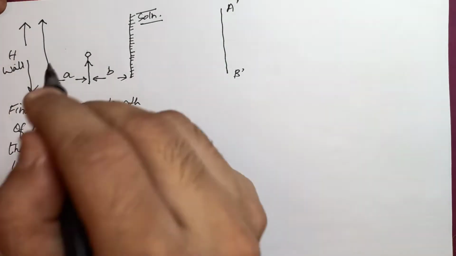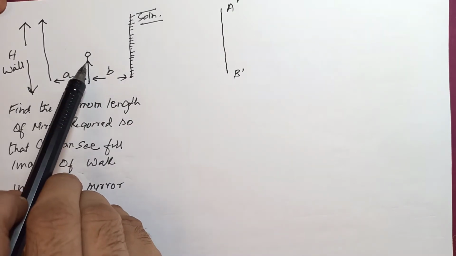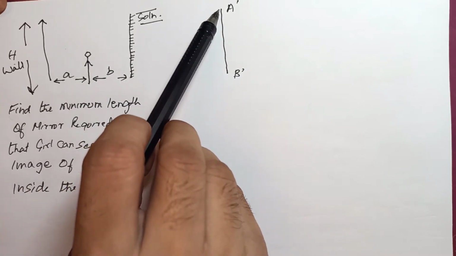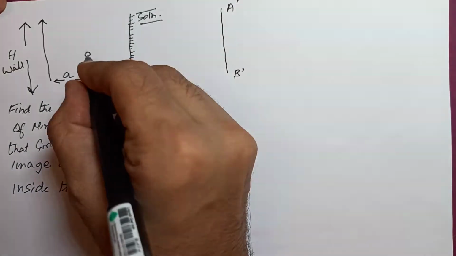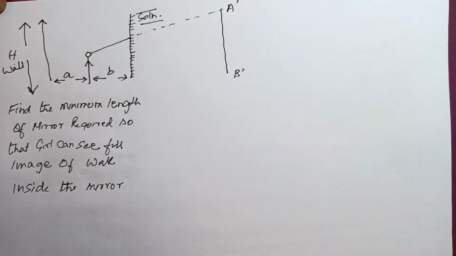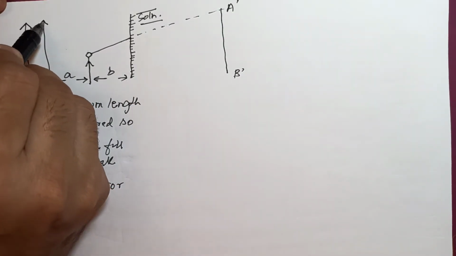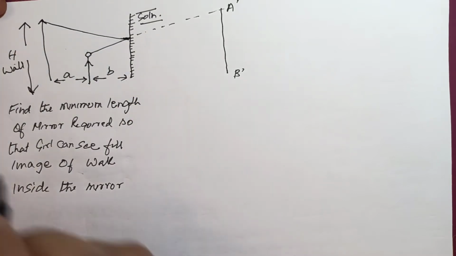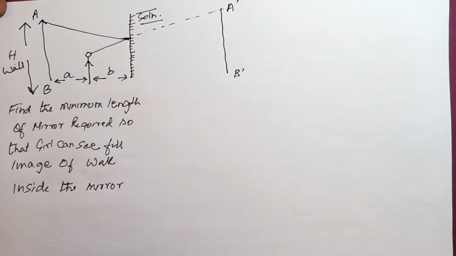Now as I said, this gentleman has to see the entire wall image, correct? So what we will do is we will just do this and we will do this, correct? And then we will complete it. It is actually coming from here. Okay, let's mark it a and mark it as b.